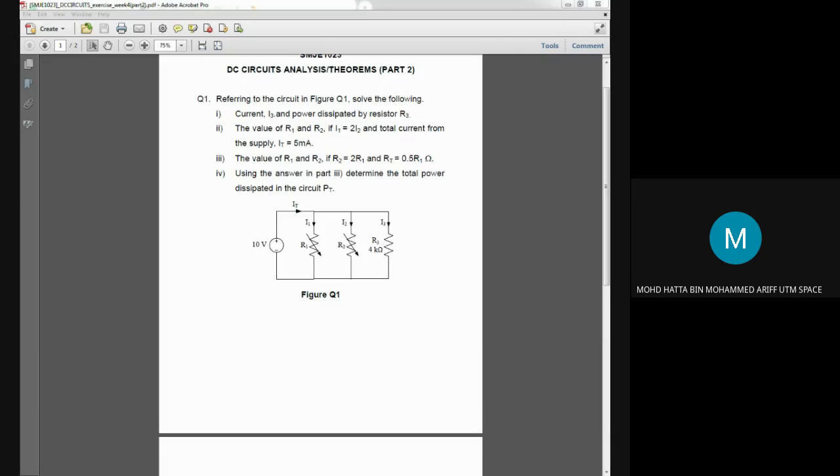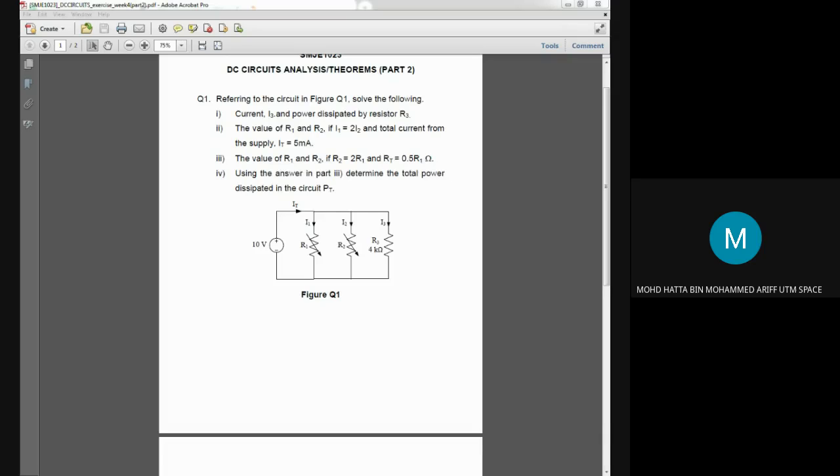Who would like to volunteer to share his answer? You can always give your answer in WhatsApp. Share your answer in WhatsApp. I will share here on my screen. First, I ask about volunteer.